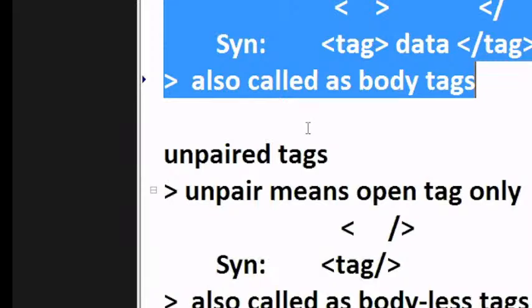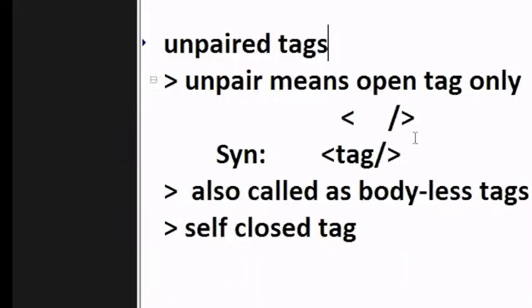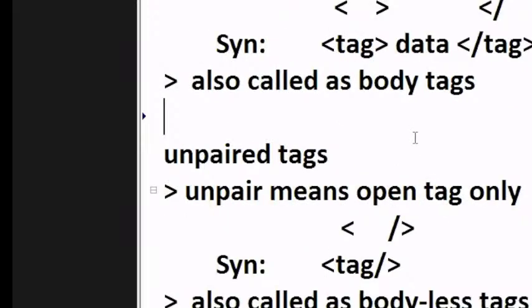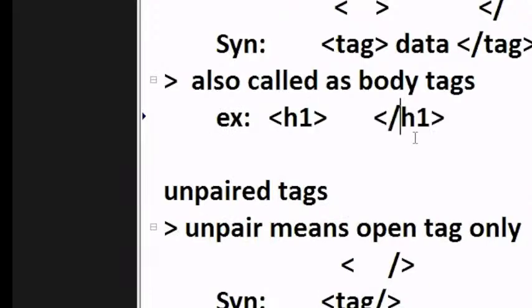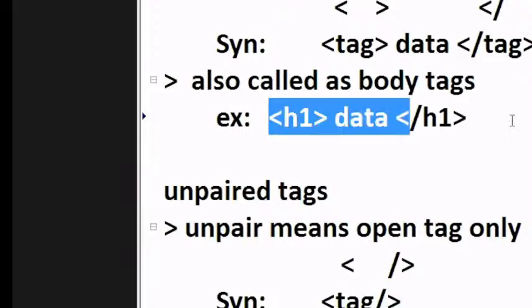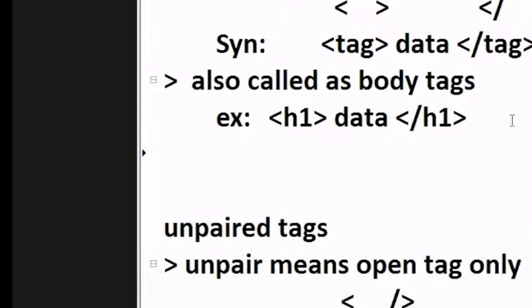If you need any examples for the paired and unpaired groups, I'll give some examples here. See that the H1 begins, H1 close. Between the two, some data is compulsory. Paired tag example. Next, another example, sir: paragraph, data, paragraph close.